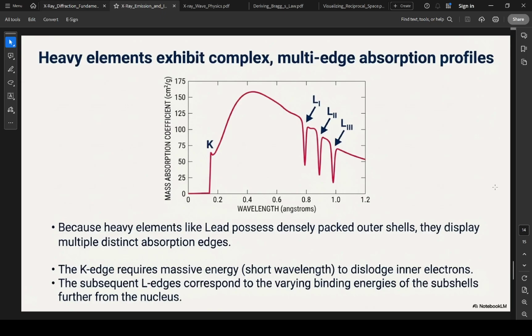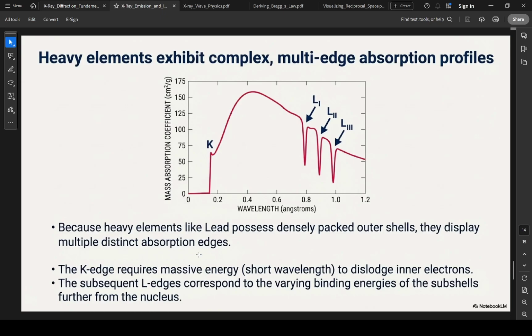And if you go for very heavy elements like lead, they have multiple edge profiles because they are heavier, so they are able to absorb at different edges, for different types of electrons.